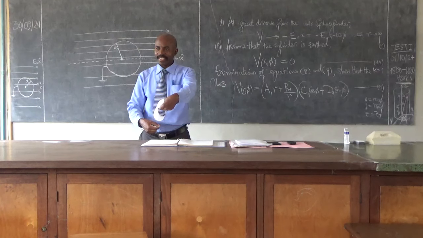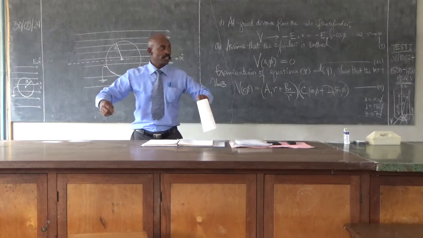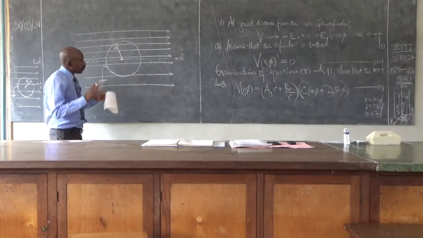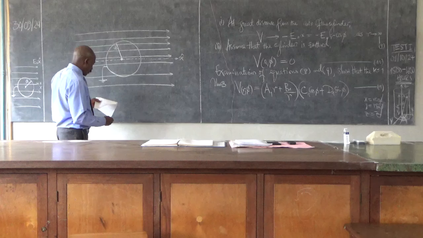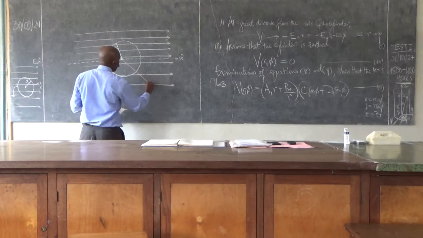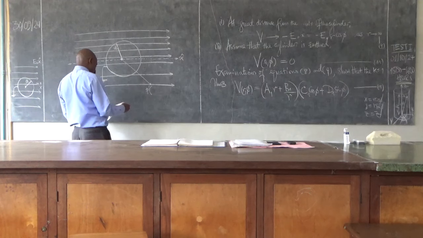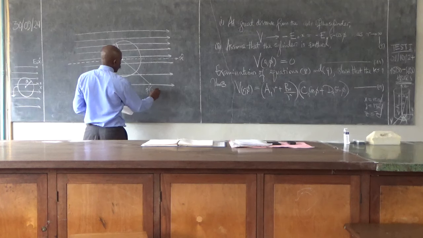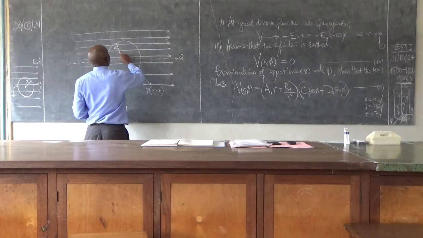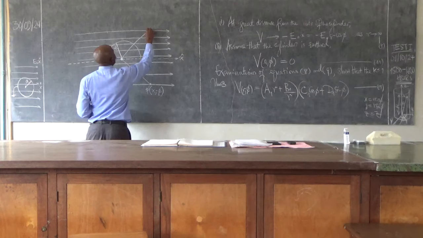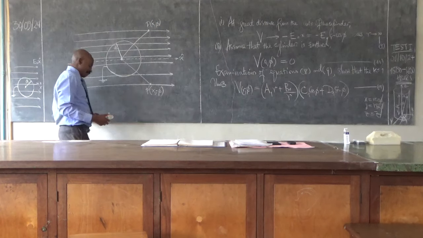So we are looking at two points, one point being P prime here, having the coordinates x equal to minus a, and P here directly opposite being positive x, positive a.